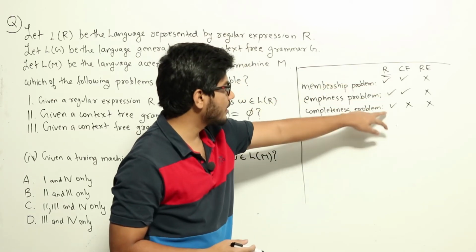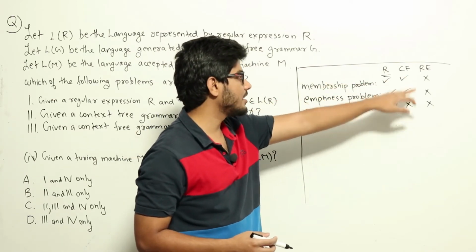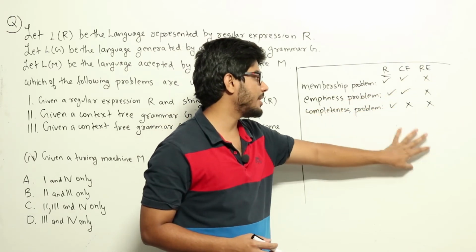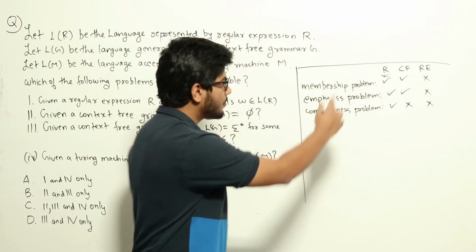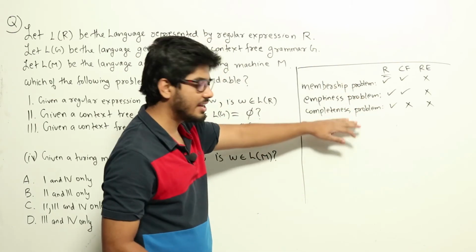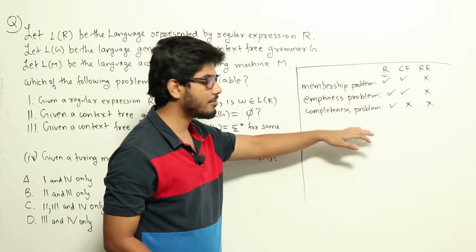So again, for regular grammars it is decidable, for context-free grammar it is undecidable, and for recursively enumerable languages it is undecidable. Now the proofs of all of these, and there are many other similar problems, you can find in the video lectures.